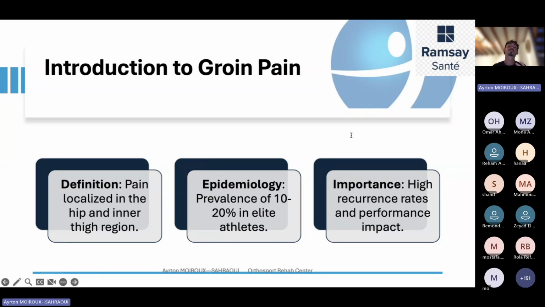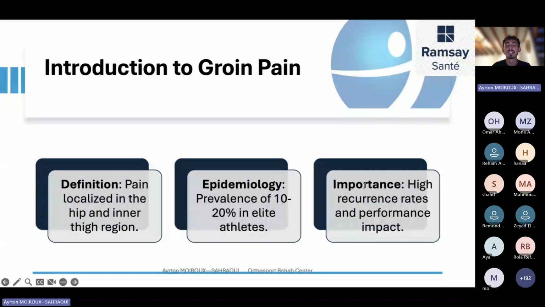Research indicates that approximately 10 to 20% of elite athletes experience groin pain at some point in their career, with sports such as soccer, hockey, and rugby being particularly affected due to the dynamic and demanding nature of these activities.